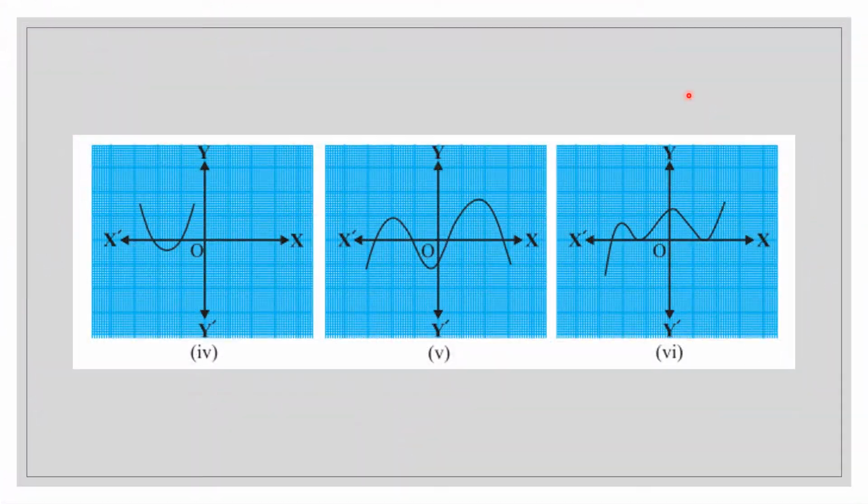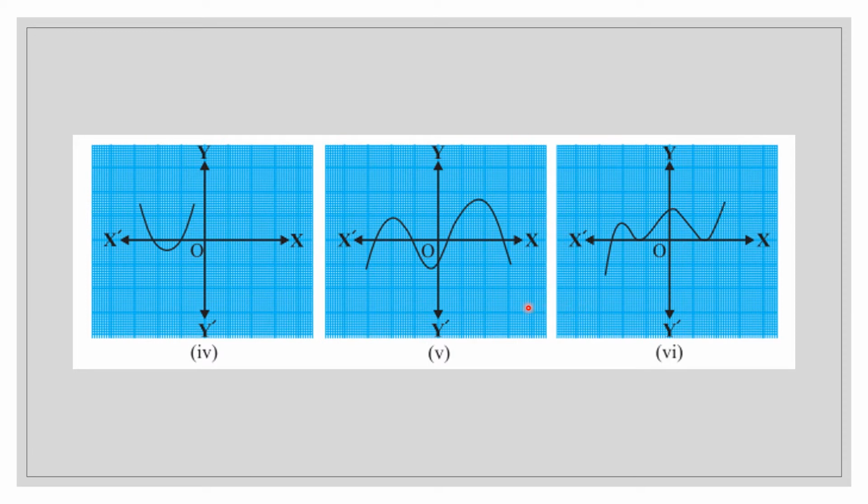In the fourth graph, we can see the line passes twice through the x-axis. That makes the number of zeros 2, and we can also say that it's a quadratic equation. In the fifth graph, the line passes 1, 2, 3, 4 times through the x-axis.